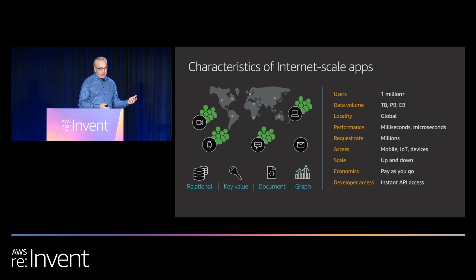NoSQL databases like Amazon DynamoDB address the scaling and performance requirements and challenges found in relational databases. NoSQL databases trade some of the query capabilities and ACID properties of an RDBMS for a much more flexible data model that scales horizontally.